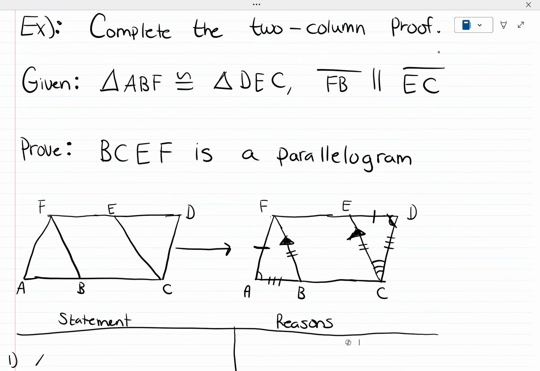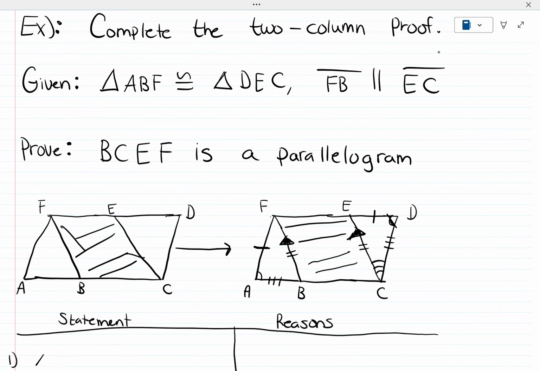So we got to prove that BCEF is a parallelogram. So where's BCEF? So this one right here. So just looking at it, could it be a parallelogram?